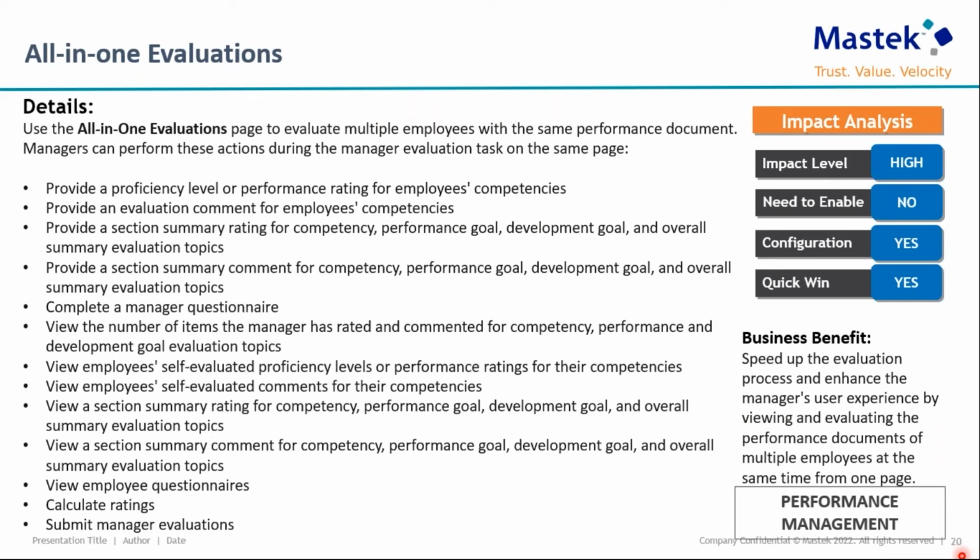Now, when you are submitting this, what can happen is maybe the system gives you a warning signal that for some of the sections you have forgotten to add your comment. The line manager can simply go to those individual sections for that particular employee and add those comments, or the line manager can choose to ignore that warning message and proceed with the submission of the performance document.